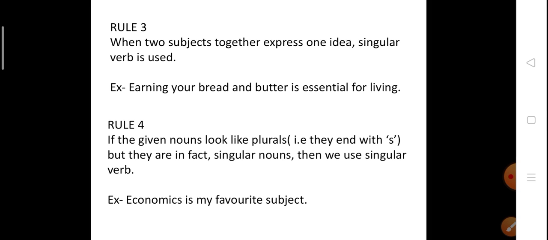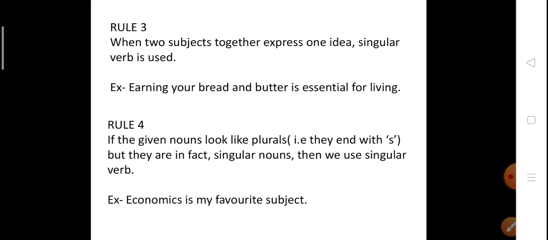Like economics is my favorite subject. Here s is coming at the end of economics, which means it looks plural, but it is singular, and still we are using s with that. For example, another subject, maths. S comes at the end, but still with that we use a singular verb.